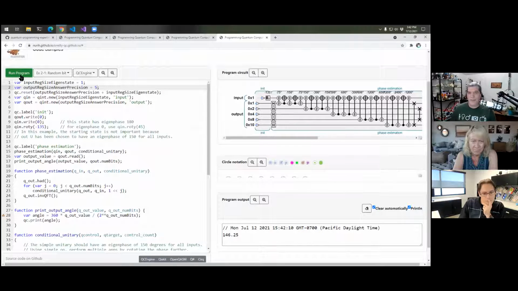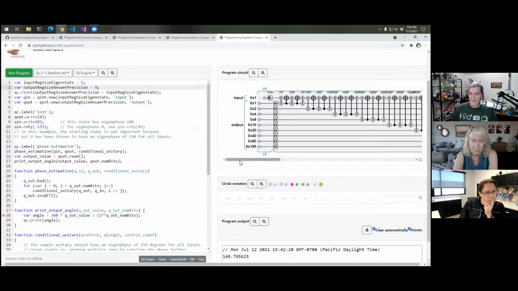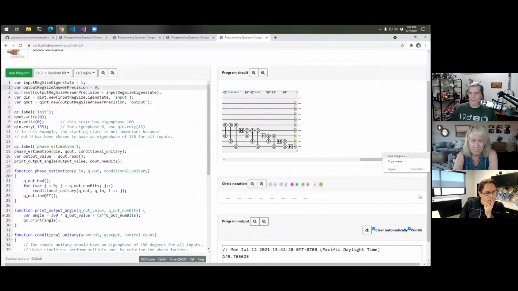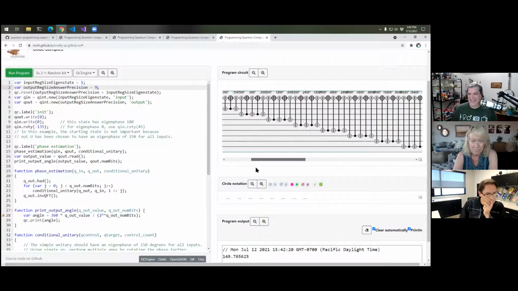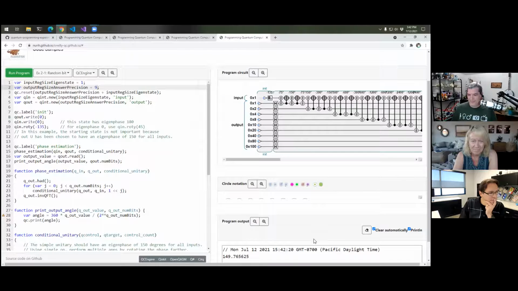So we're getting closer, but we'll still see outliers that are far at either end. And then I think I tried 9, and I'm not exactly sure what the limit is, but the more you add, the much larger the circuit gets because of those loops.